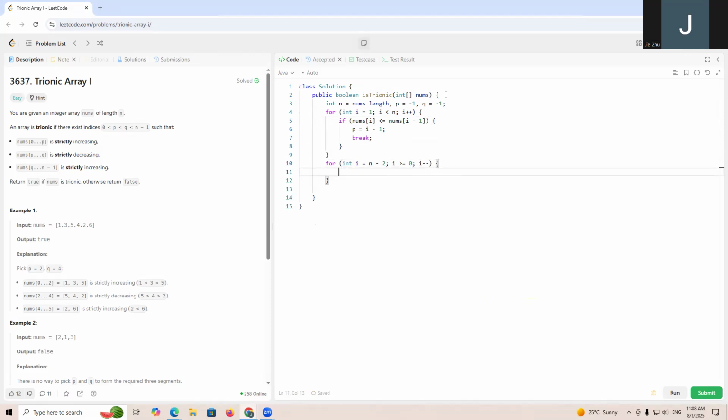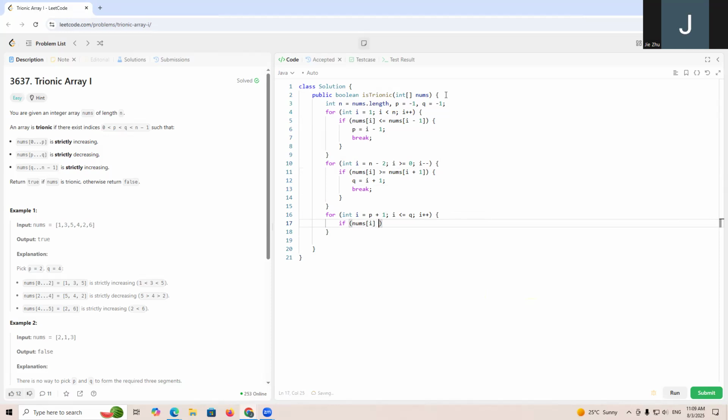So we have if nums[i] is greater or equal to nums[i+1], then we have q equals i+1 and break. Then what we do is that for int i equals p plus 1, i smaller or equal to q, i plus plus, we need to make sure it is monotonic decreasing.